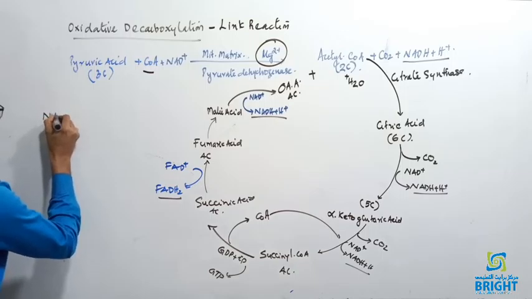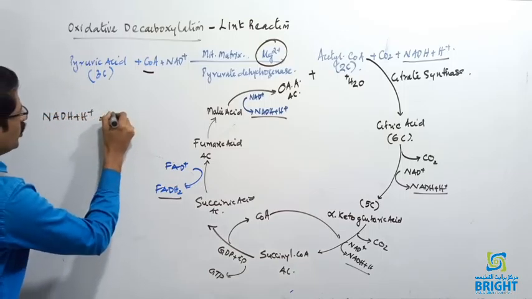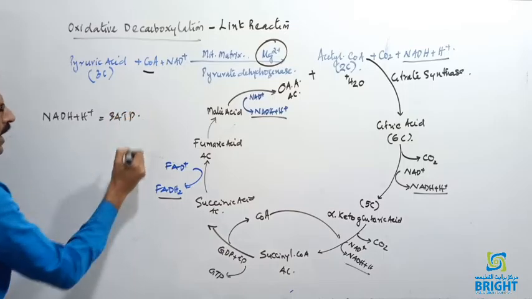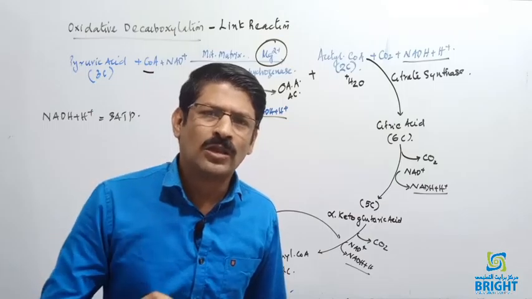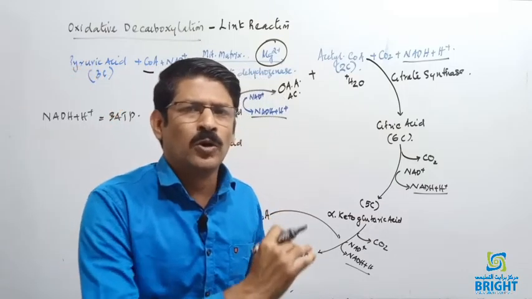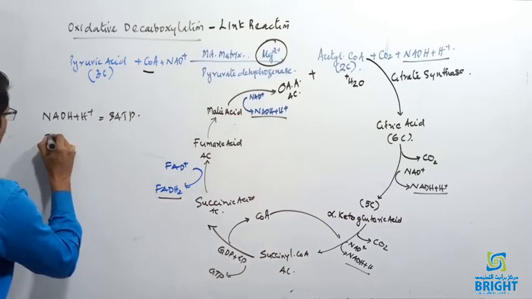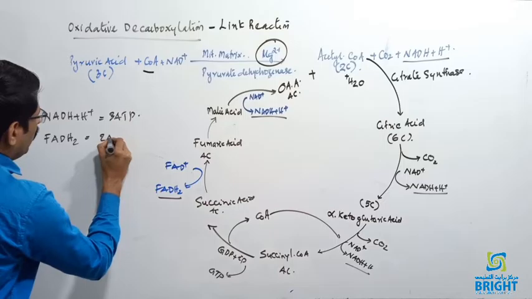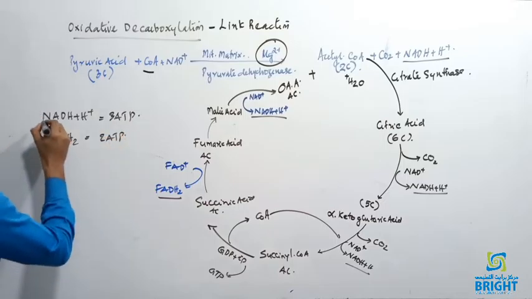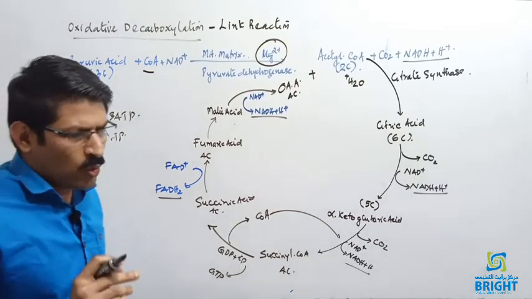The energy value of 1 NADH+H+ is equal to 3 ATP when they undergo the aerobic stage, or electron transport chain, or terminal oxidation. It results in the formation of 3 ATP, and FADH2 results in the formation of 2 ATP. So NADH is equivalent to 3 ATP and FADH2 is equivalent to 2 ATP.